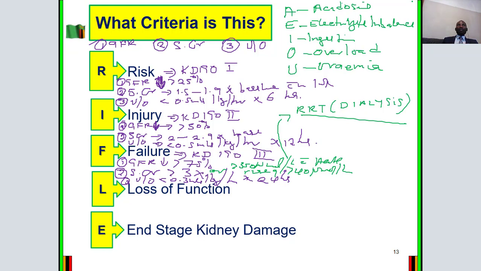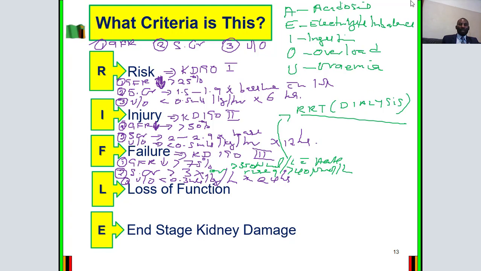Then the last 2, the loss of function and the end stage damage, are looking at the outcomes. So on the loss of function, what are we talking about here?